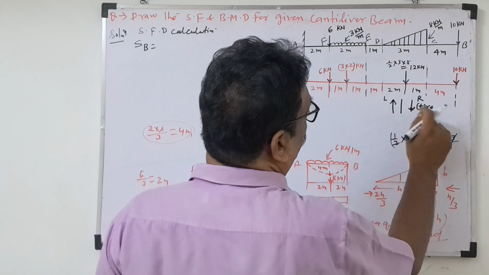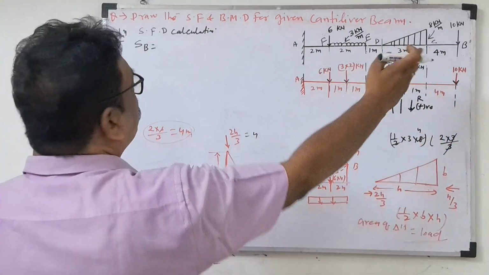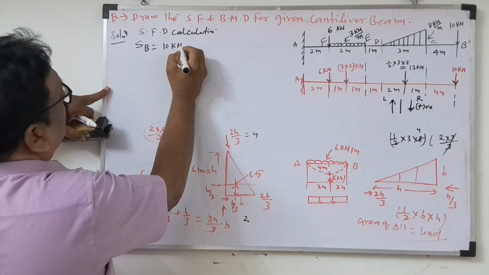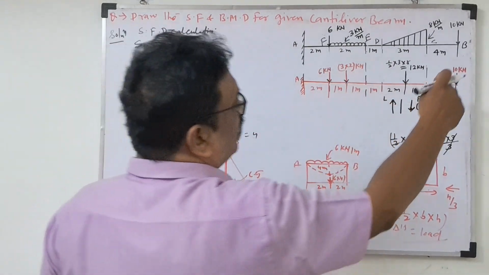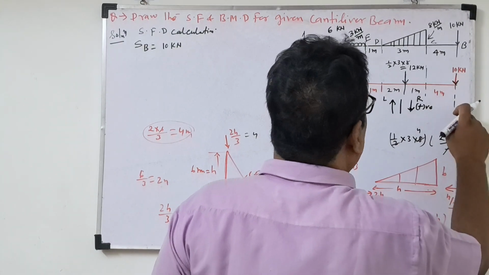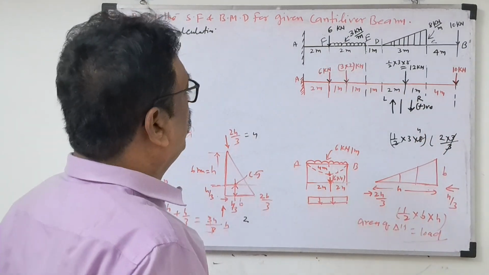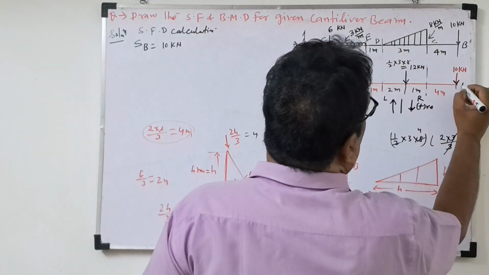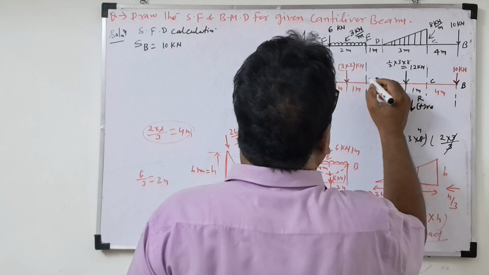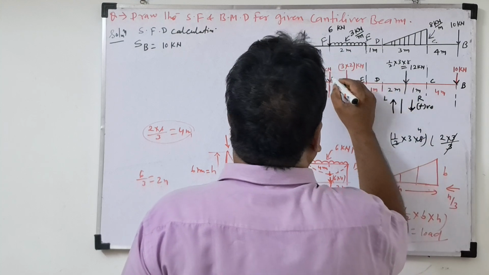So remember this. Now I am taking the right side. So shear force is 10 kilonewton, because at point B the load is 10 kilonewton. This is point B, this is C, this is D, this is E, this is F.